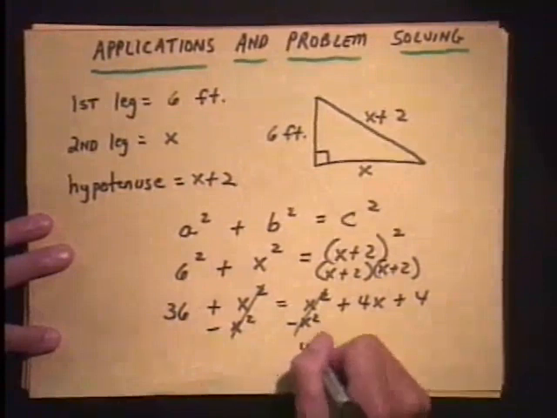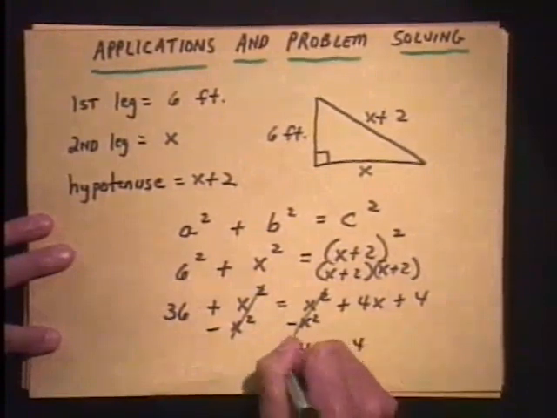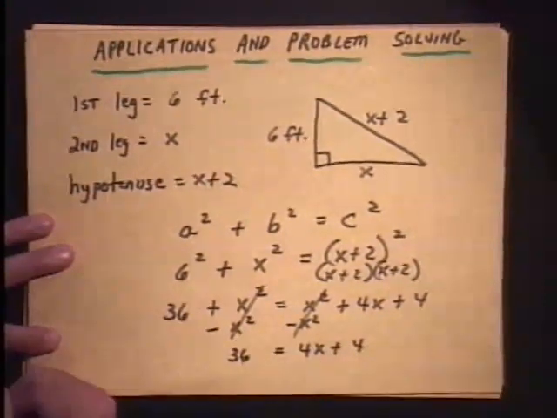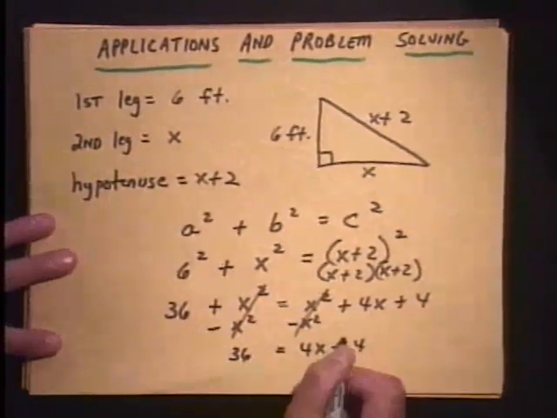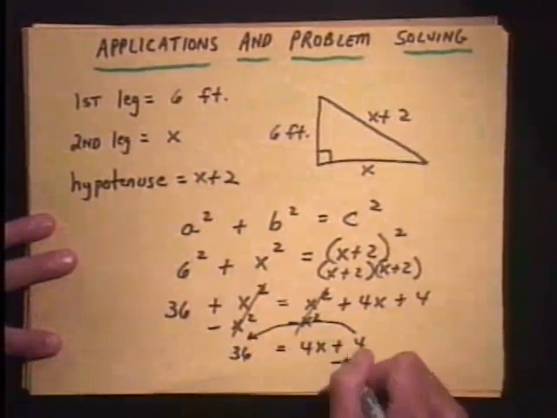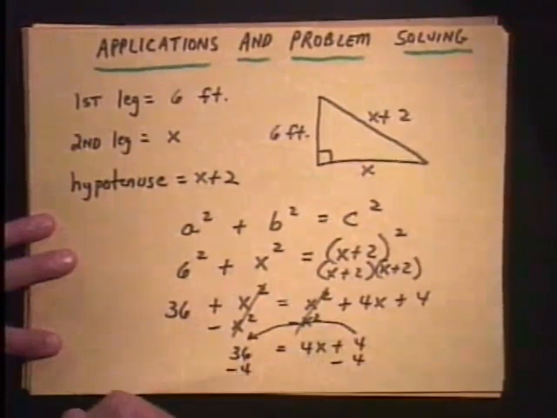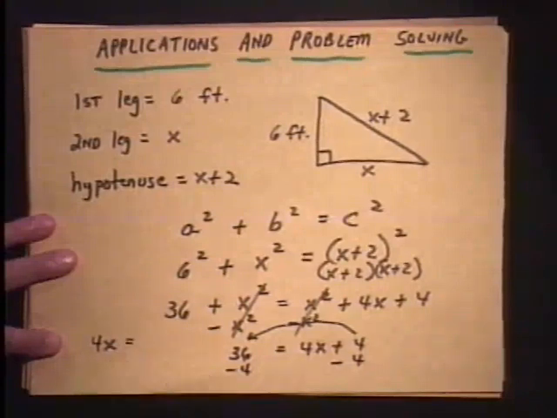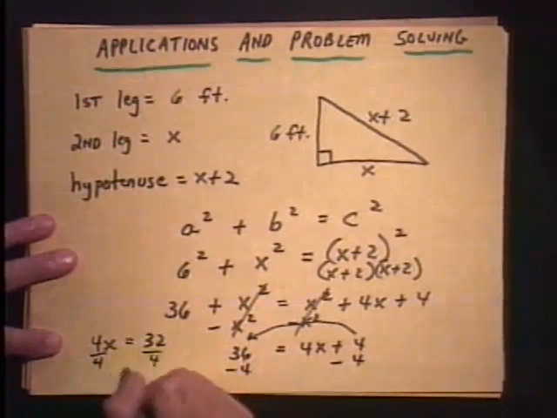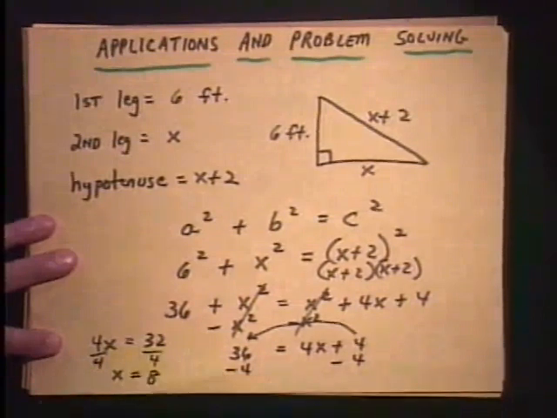And then you're left with 4x plus 4 equals 36. And now to solve for x, we've got the variable on one side here. Let's bring the plus 4 over by subtracting 4 from both sides. And that gives us in the bottom here 4x equals what? 32. So to solve for x, divide both sides by 4, and we will get x equals 8.